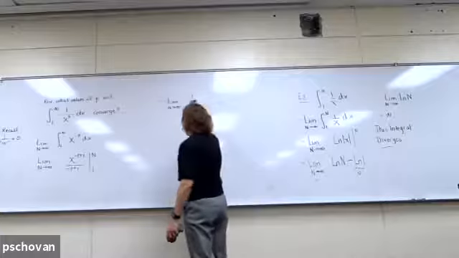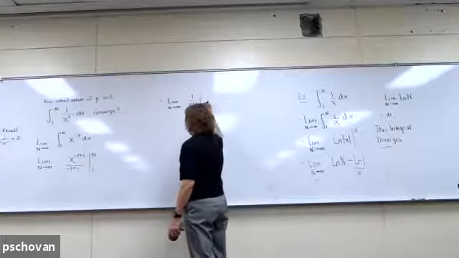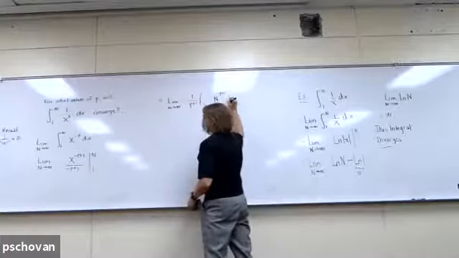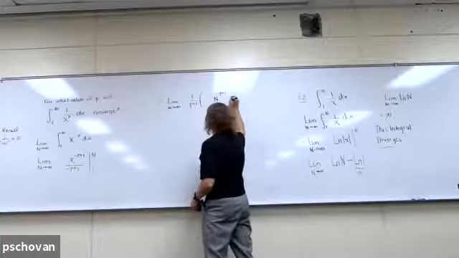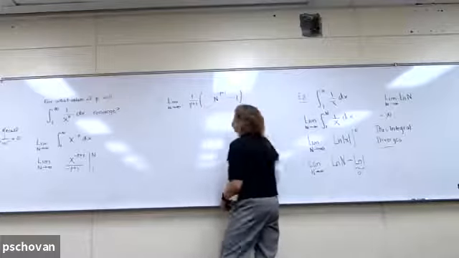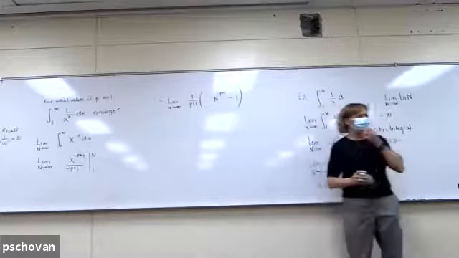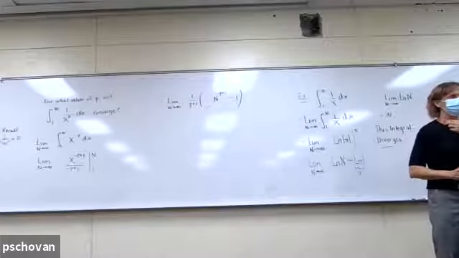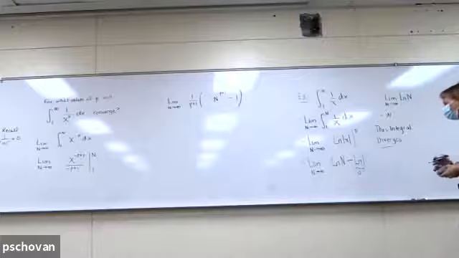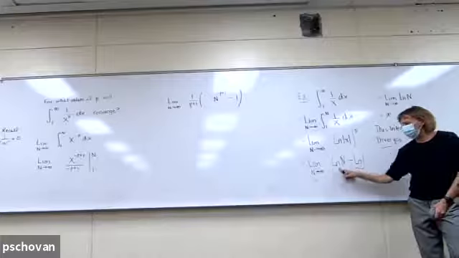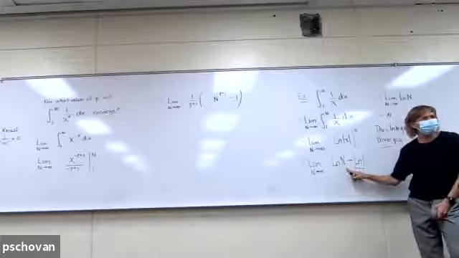This is just a constant. I'll pull it out. If I put the n in there, and if I put the 1 in there, 1 to any power is 1. So what kept this from converging was that this wasn't in the denominator.